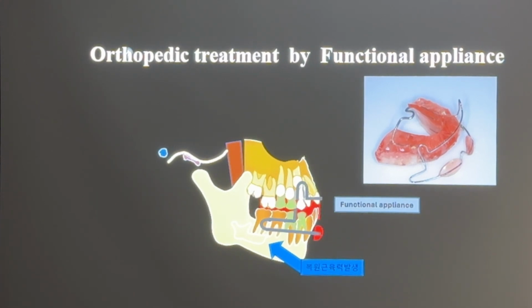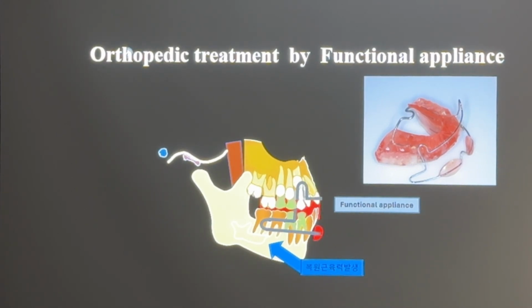In the lower selective grinding, here in the anterior area, the anterior teeth, please don't make any grinding in the anterior teeth. The reason is we don't want to make more overbite.